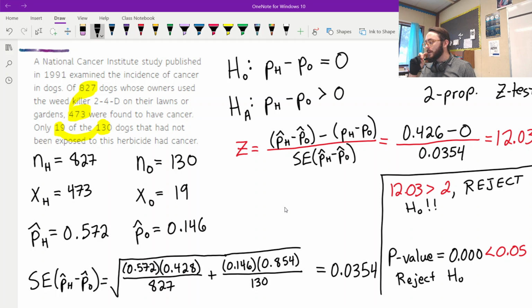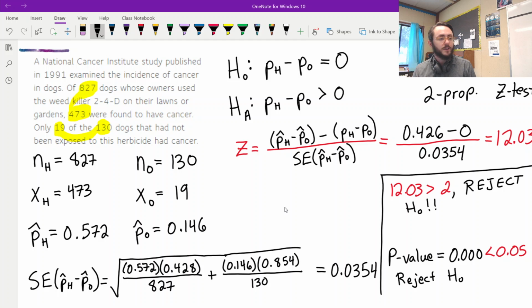Okay. Now this is where it becomes a little interesting with the p-value. Remember, when we reject the null hypothesis, there's the possibility that we commit a type 1 error. Type 1 error being that the null hypothesis is true, but we have incorrectly rejected it.